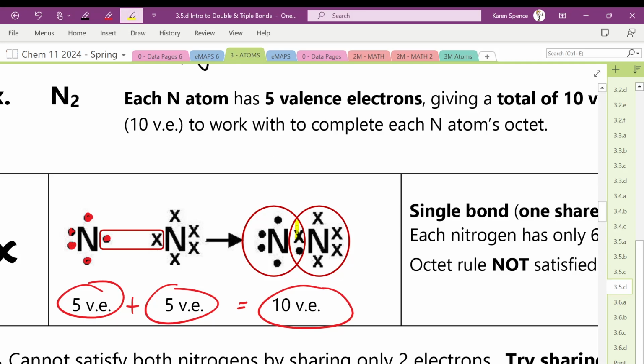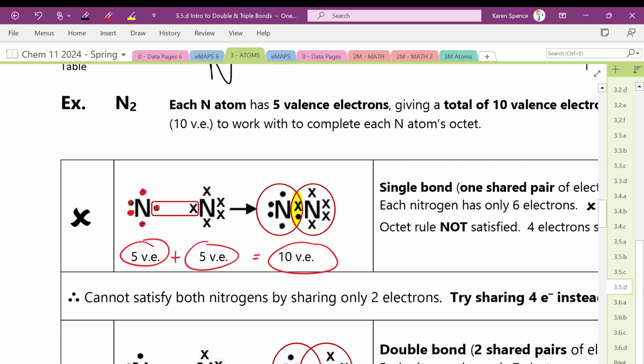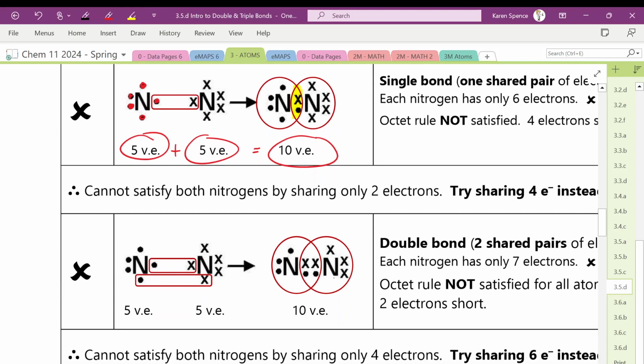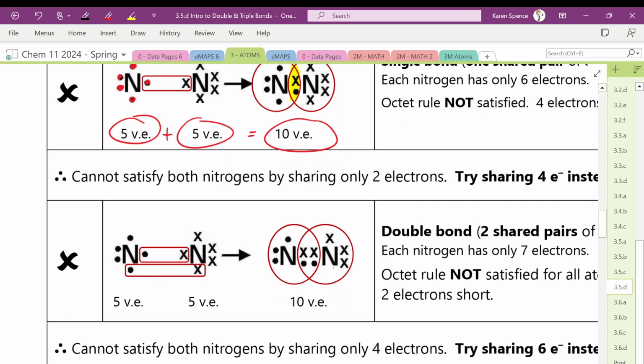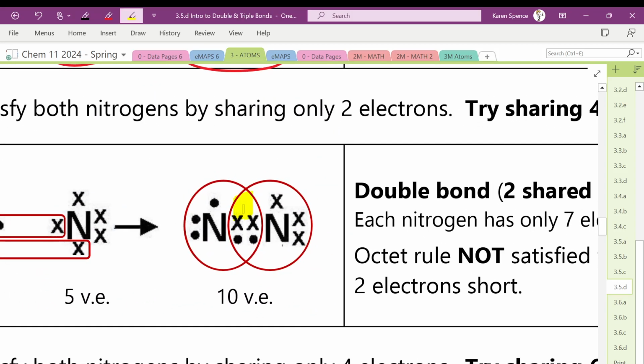Does forming 1 bond work to satisfy everybody? No. Can we satisfy nitrogen by sharing 2 pairs of electrons? No. Over here, we would have 1, 2, 3, 4, 5, 6, 7. So this guy has 7 and this guy has 7, and everybody is still not happy.